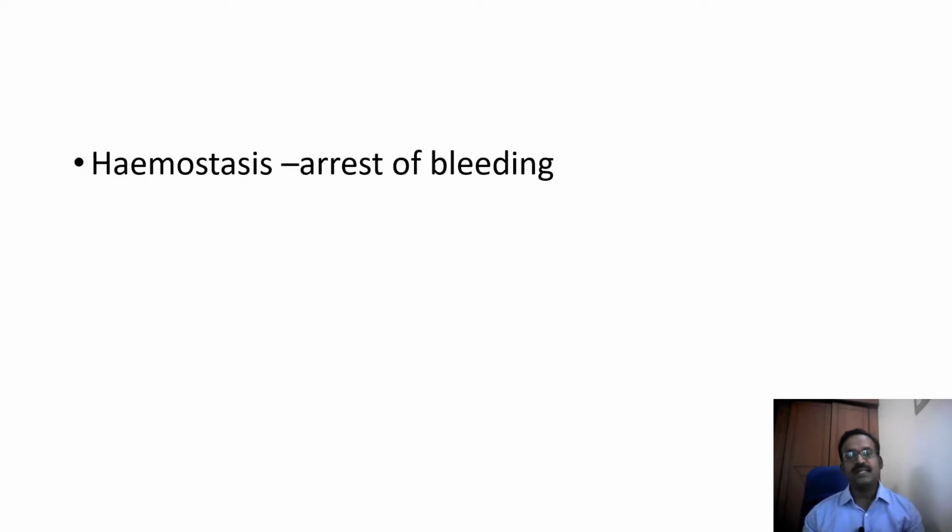Hemostasis means arrest of bleeding. This term is similar to homeostasis. Don't confuse it. Homeostasis is maintenance of the internal environment. The bleeding occurs after injury or any pathological conditions. The arrest of bleeding has important steps.